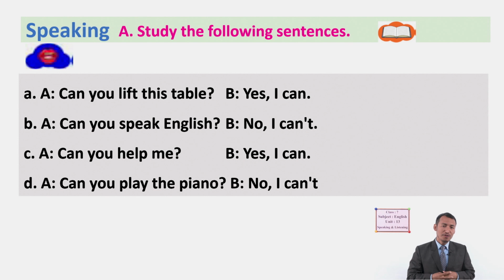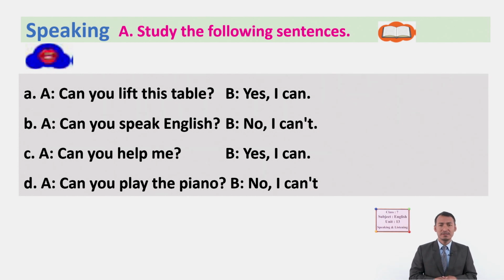If someone has the ability, or if someone can lift the table, you have to make sure by asking. You can ask with "can" at the beginning, like this: Can you lift this table? And if you can, or if someone can, then we say, yes, I can.